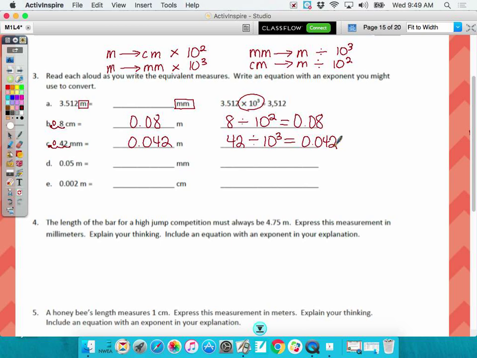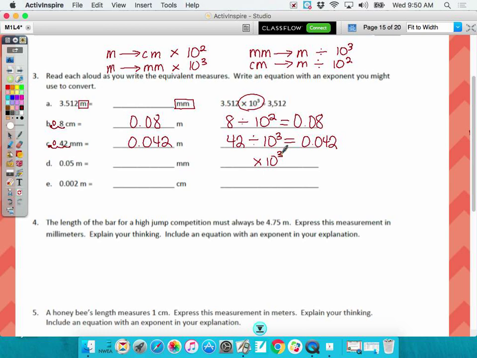Okay, let's take a look at D. Who's going to help me with that? Blair. All right, so I'm going from meters to millimeters. Tell me what I'm going to do. Multiply. To the 3rd power.